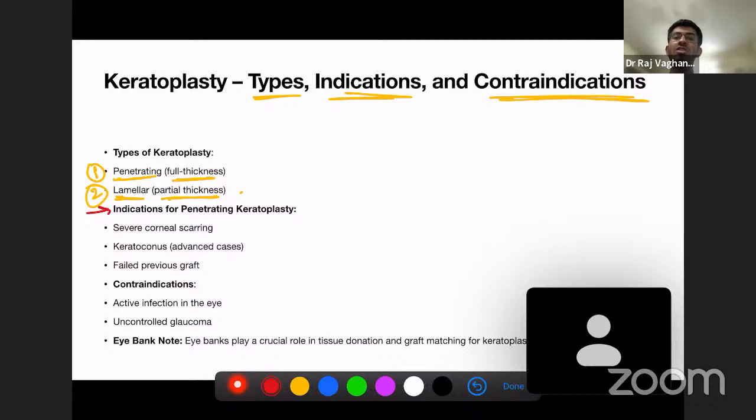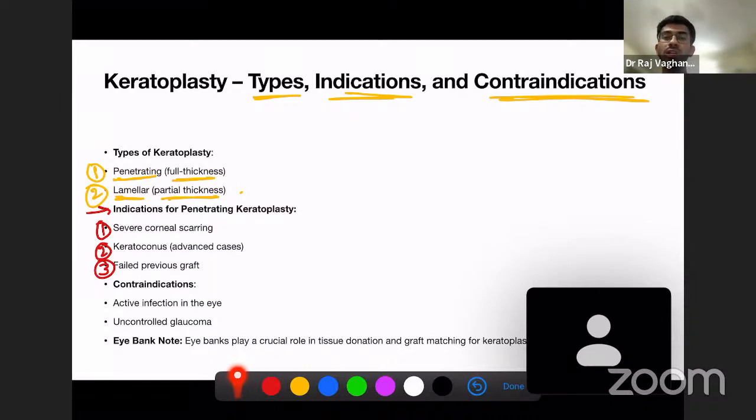Now the indications for penetrating keratoplasty. First is severe corneal scarring. Second is keratoconus. Third is failed previous graft. If the cornea has been severely scarred due to any cause like hypopyon, then you can go for penetrating keratoplasty.